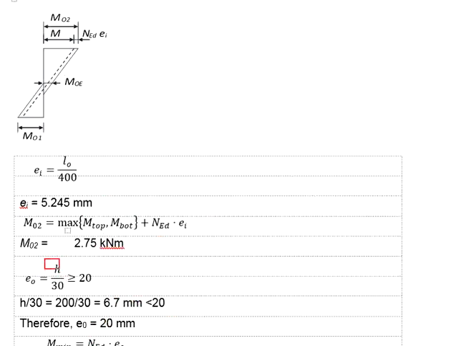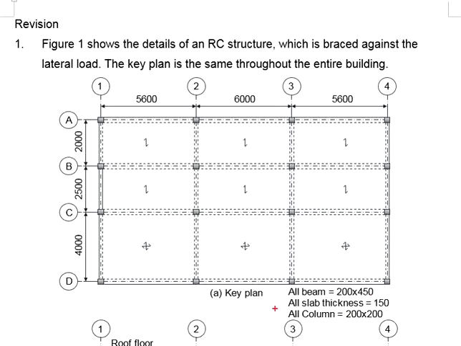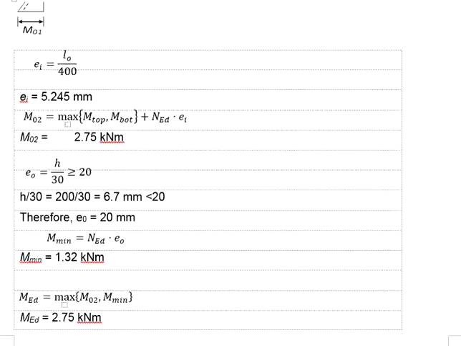The H here refers to the column size, which is given in the question, 200 times 200. Therefore, you will take 200 divided by 30, which gives you 6.7 mm. The equation states it needs to be at least 20. When the calculated value is less than 20, you will use E0 equals to 20.